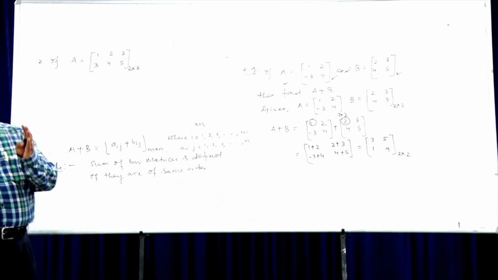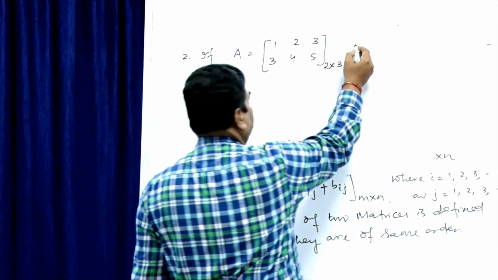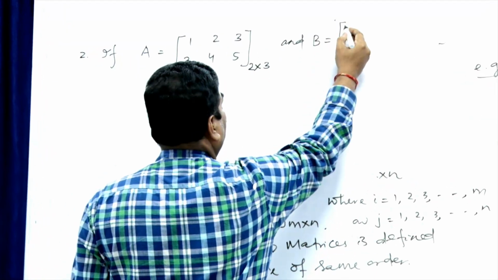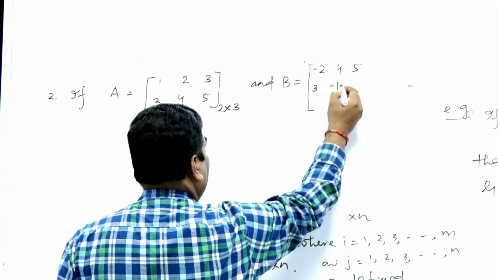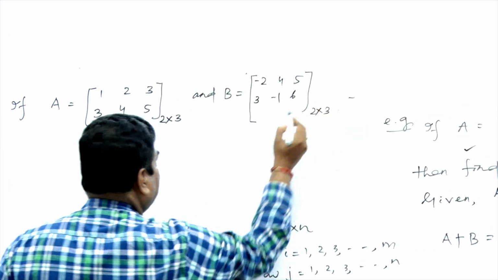That means it has 2 rows and 3 columns. And B is equal to [-2 4 5; 3 -1 6]. This one is also a 2 by 3 matrix, dear.